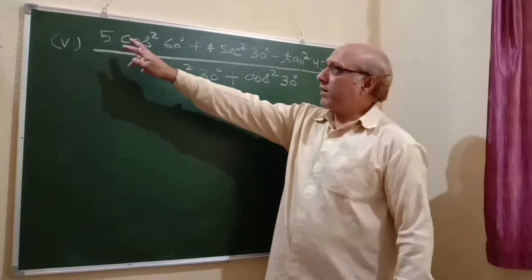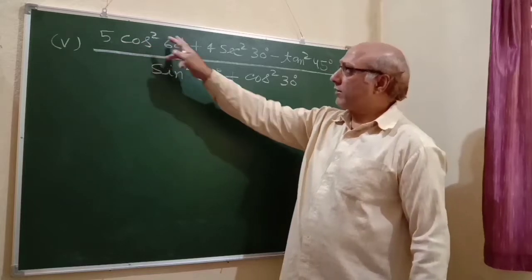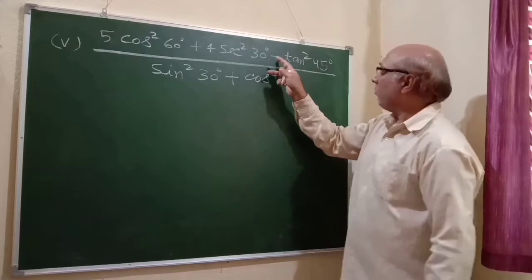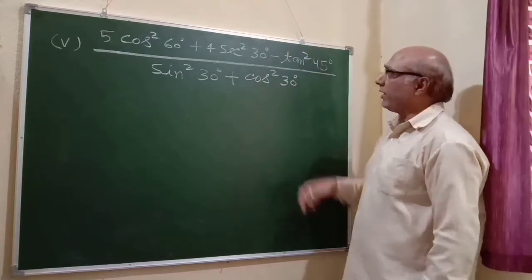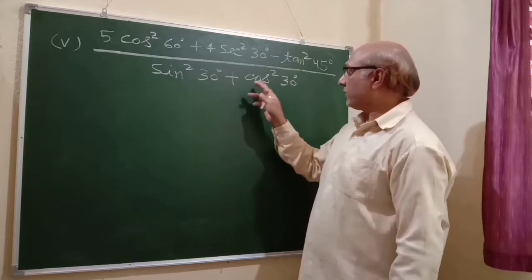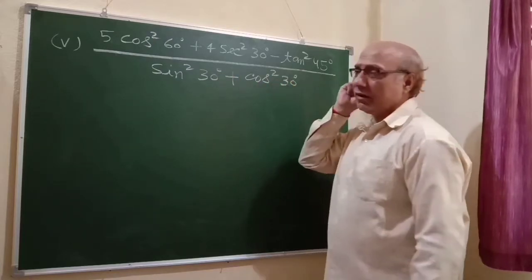Fifth part, 5 cos square 60 degree plus 4 sec square 30 degree minus tan square 45 degree by sin square 30 degree plus cos square 30 degree.